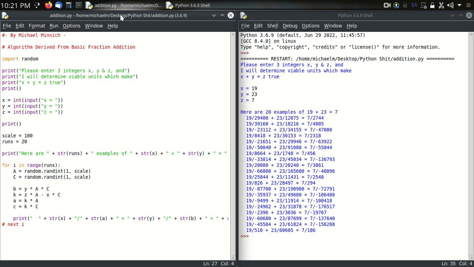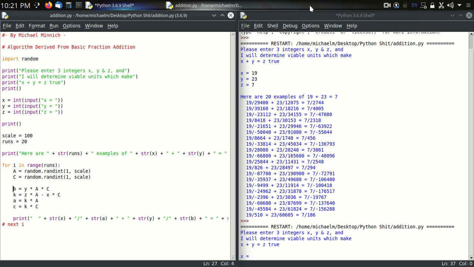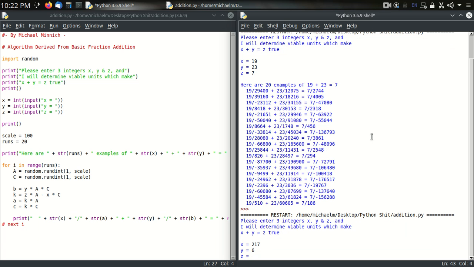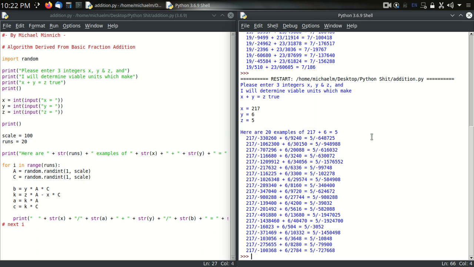Let's run it again with some different values, just so you can see it. So, see 3 integers, 217, 6, and when we add those together, let's get 5. It does have some biases, as you might notice.